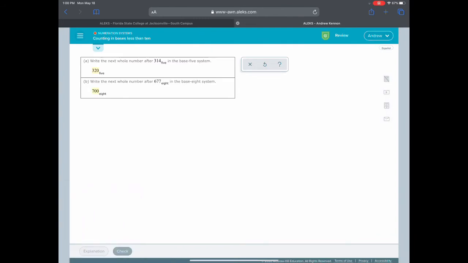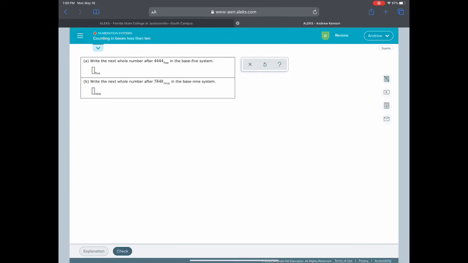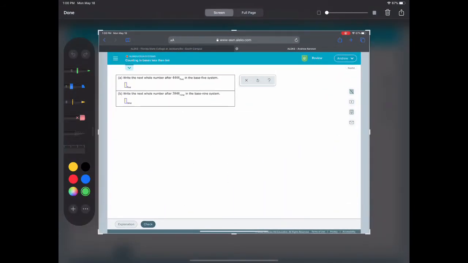And I got the right answer. So let's try one more, just to make sure we got it. Here I have 4, 4, 4, 4 in base 5. So my numbers are what? 0, 1, 2, 3, and 4. That's 5 numbers. So when I add 1 to this, and again, we're just adding 1 because it says the next whole number, this goes to 5.